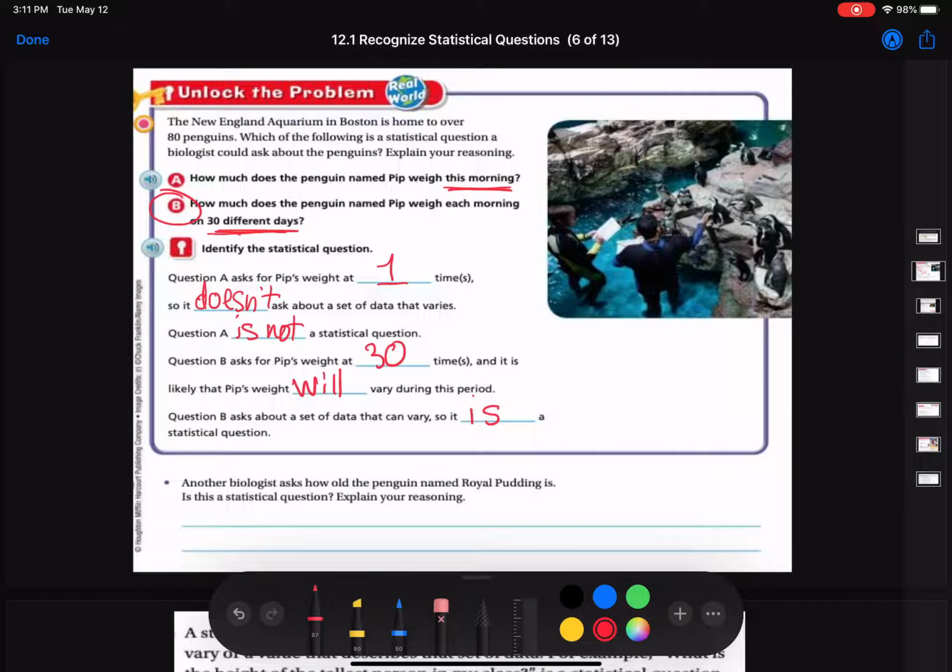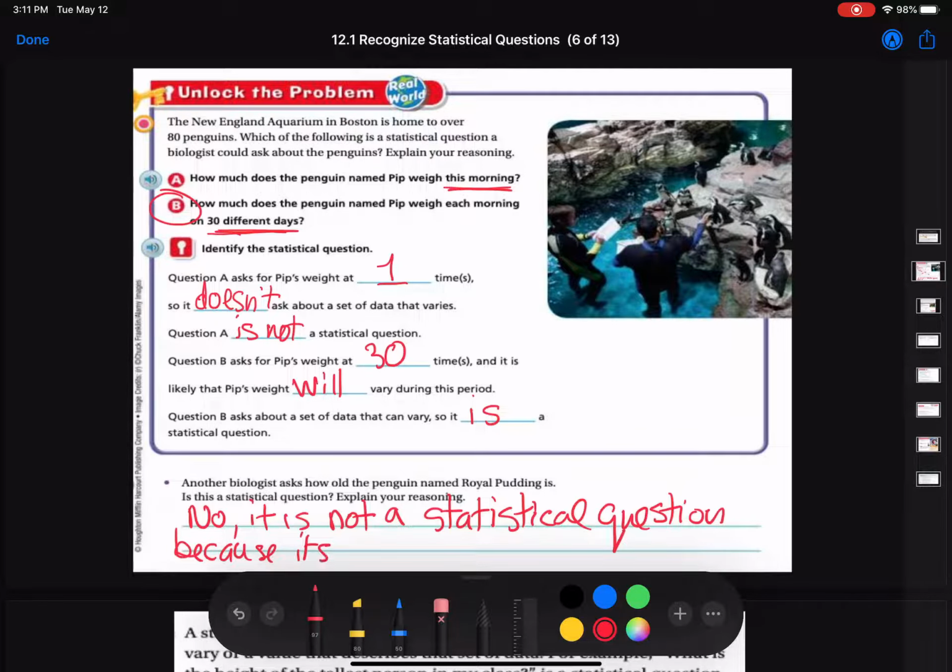So you only have one piece of data, so this would be no. It is not a statistical question because it's only asking about one penguin.